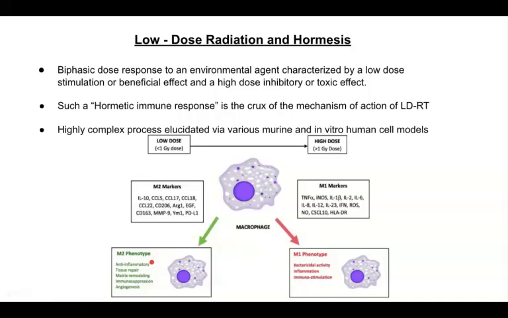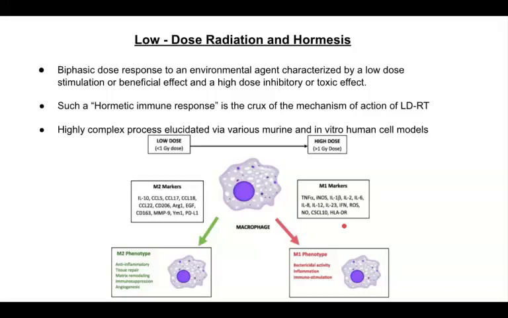What is theorized and elucidated in these models is that low-dose RT, that is less than a gray, would enhance the switch to the M2 phenotype of these macrophages, exerting an anti-inflammatory effect, which causes tissue repair, matrix remodeling, immunosuppression, and angiogenesis, as opposed to the pro-inflammatory phenotype.